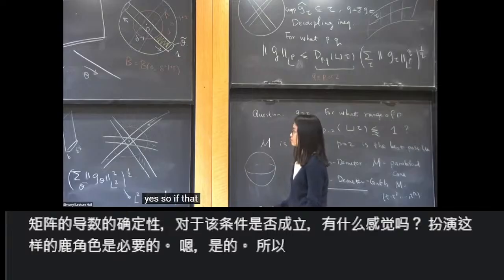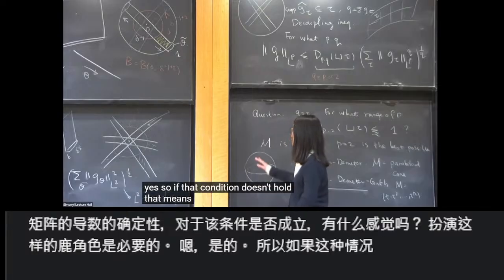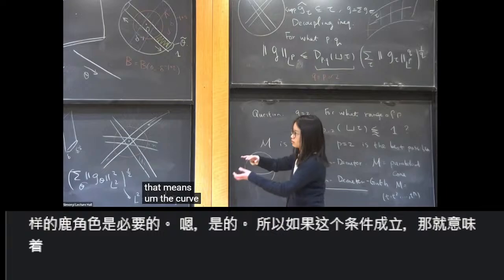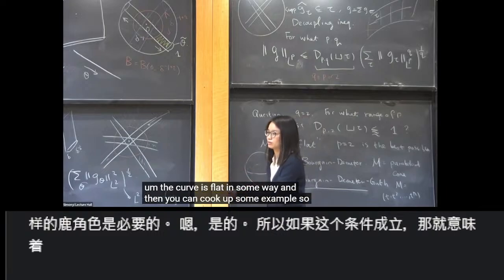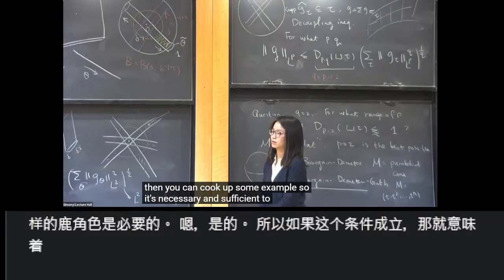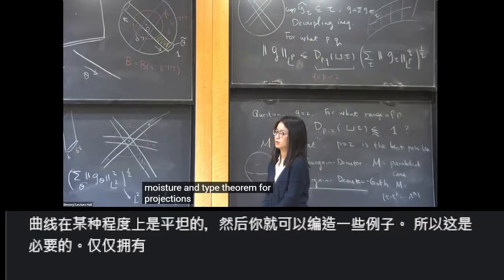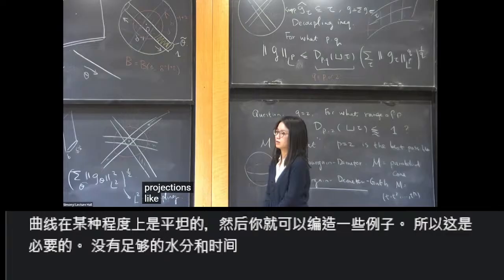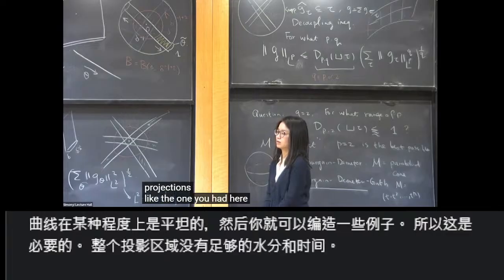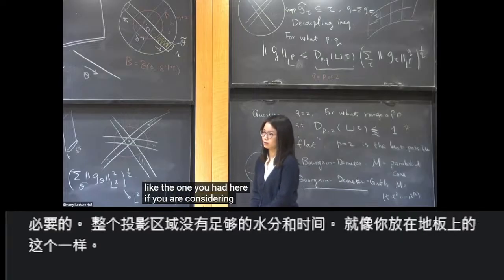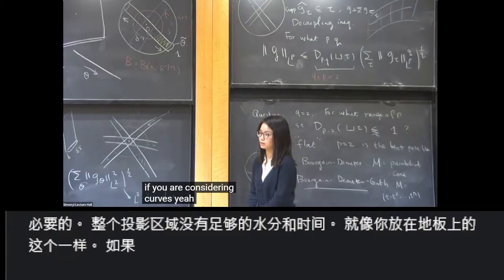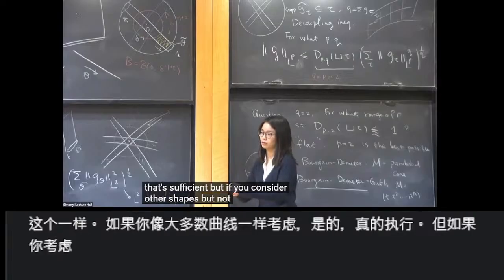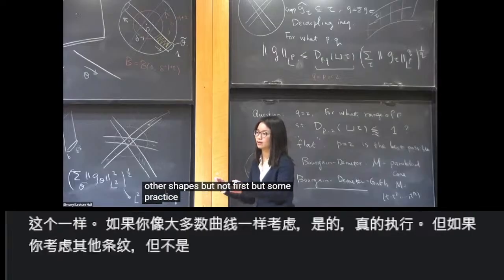If that condition doesn't hold, that means the curve is flat in some way, and then you can cook up some example. So it's necessary and sufficient to have a Marstrand type theorem for projections like the one you had here on the board. If you are considering smooth curves, yes, it's necessary and sufficient. But if you consider other shapes, say not curves, but some fractal sets, then I don't know.